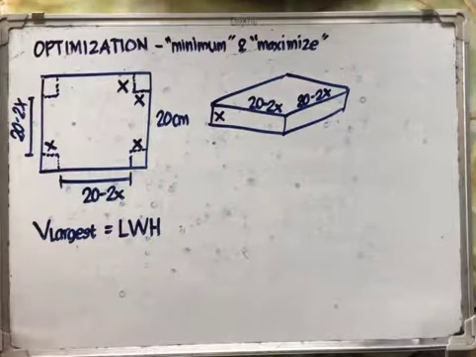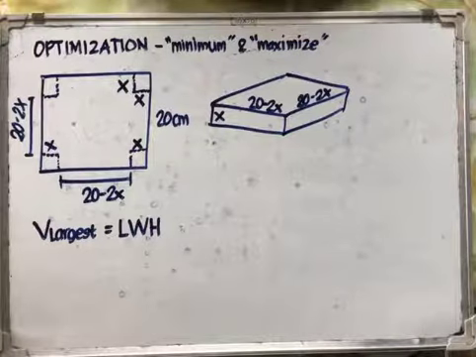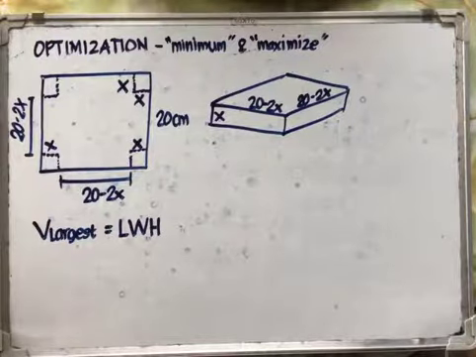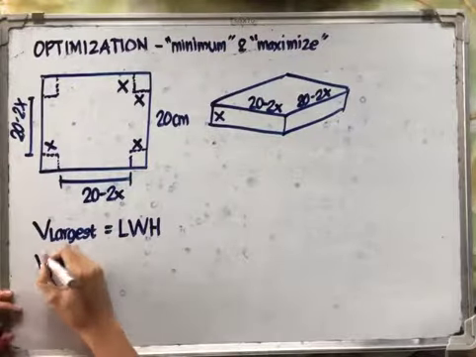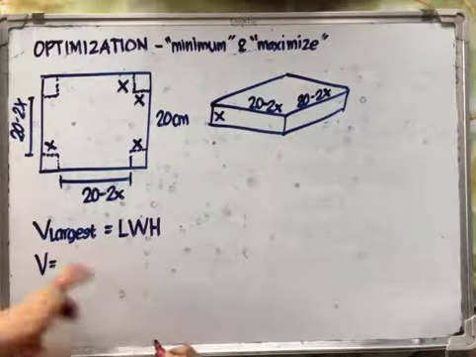So it has nothing to do with that statement na without a top. Okay? But again, for surface area computations, it matters a lot kung sinabi niyang without a top or with a top. A closed box or an open box. Yan. So now, having said that, let's proceed.